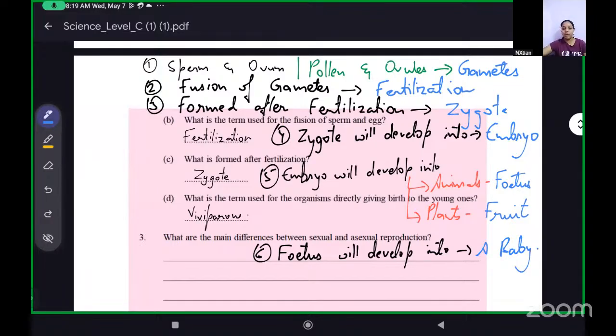So this is how, from the first step, that is the gametes forming an ovule, it leads up to the development and giving birth to a baby. Understood now the names of all of the processes?